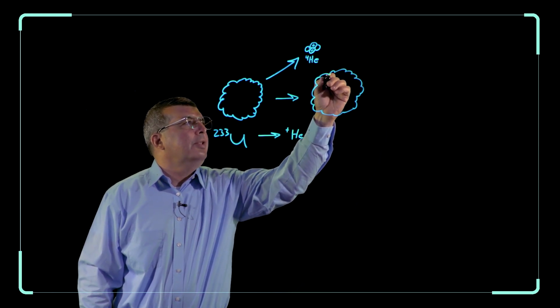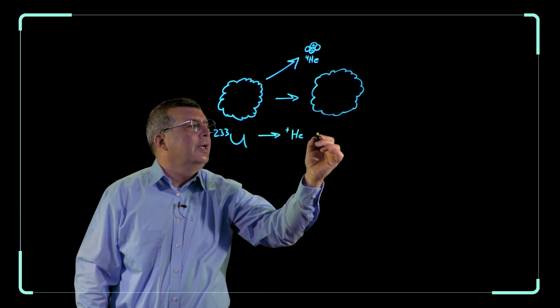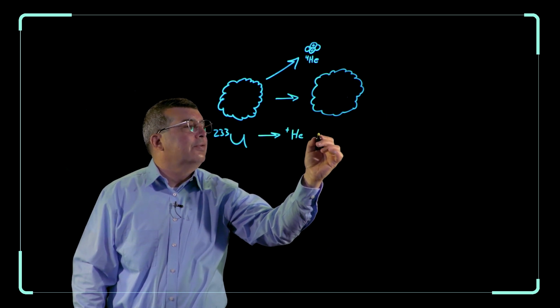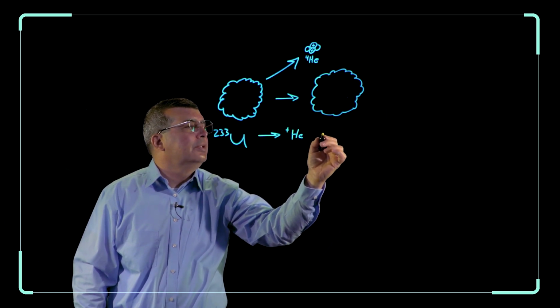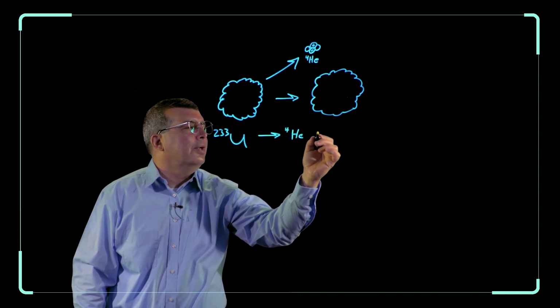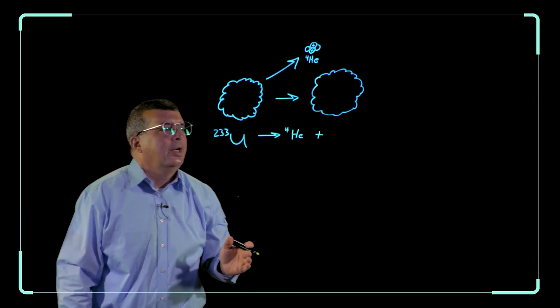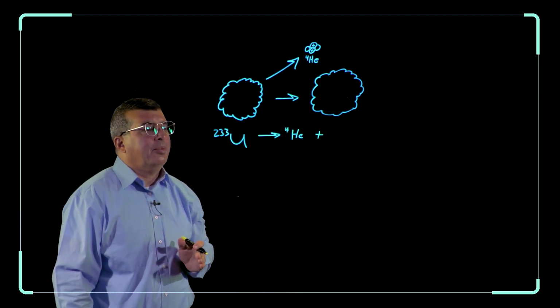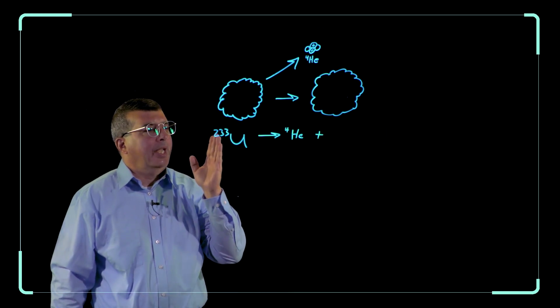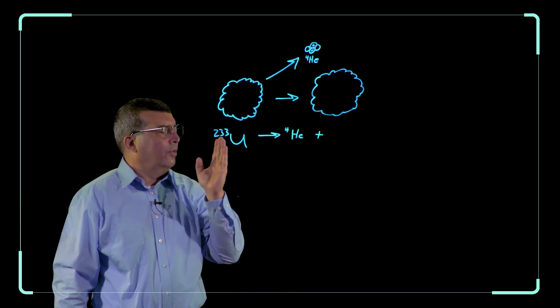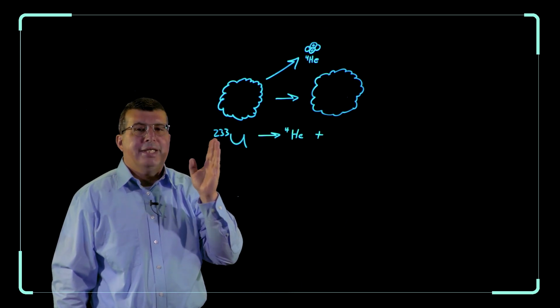Well, remember that we have to conserve nucleons, and we have to conserve charge as well. Oops, it's a helium-4. There we go, helium-4. Plus what? Well, for this, we have to go to our periodic table, okay? And on our periodic table, uranium is element 92.